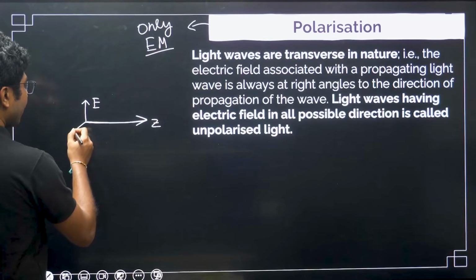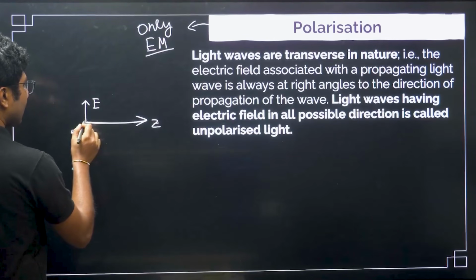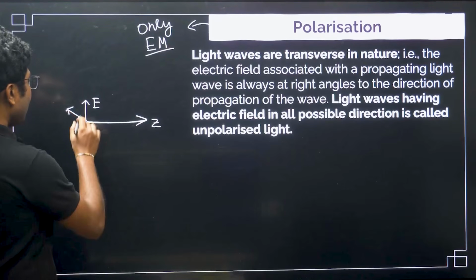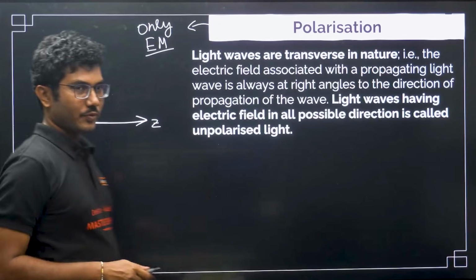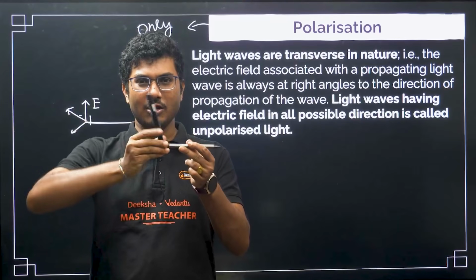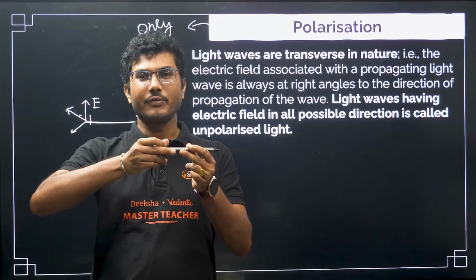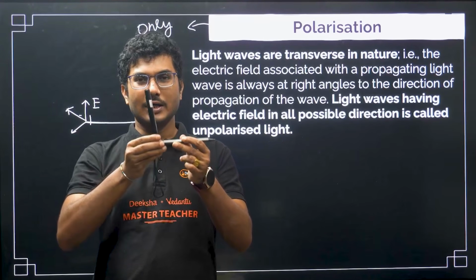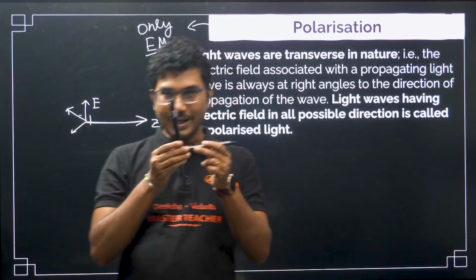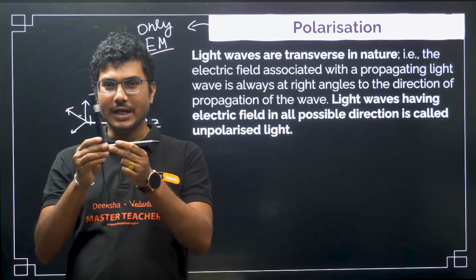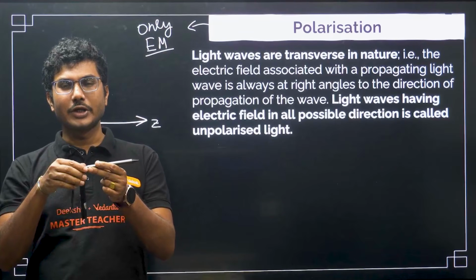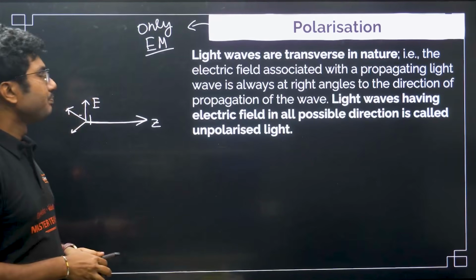There will be an electric field slightly at some other angle as well, but this angle is always 90 degrees. Even if you rotate it at any point along this circle, electric field will always be perpendicular to the direction of propagation. You can try it using two pens, make them perpendicular to each other and see that even if I rotate it, the electric field will always be perpendicular to the direction of propagation.